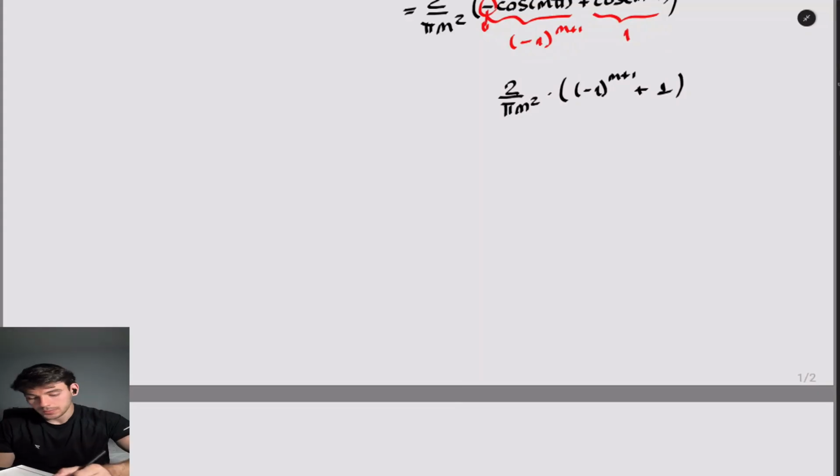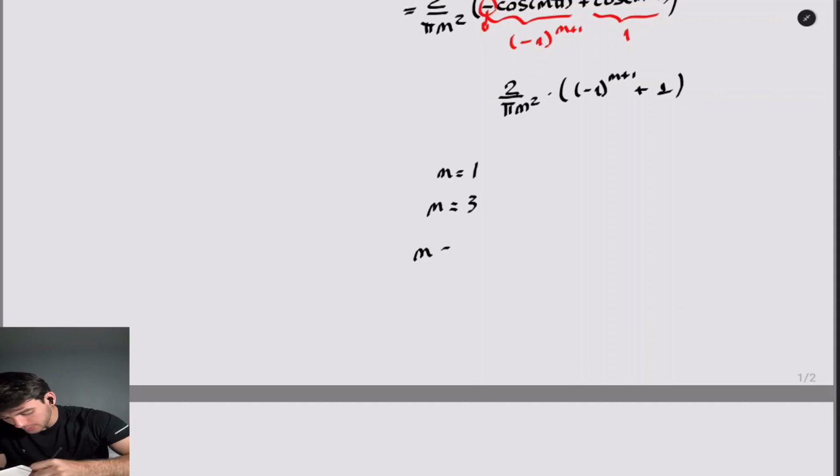So right now, if we analyze this, if we have n as an odd number, n equals 1, n equals 3, n equals 5, and so on. Okay, so if n equals 1, we'll have here minus 1 to the power of 2.